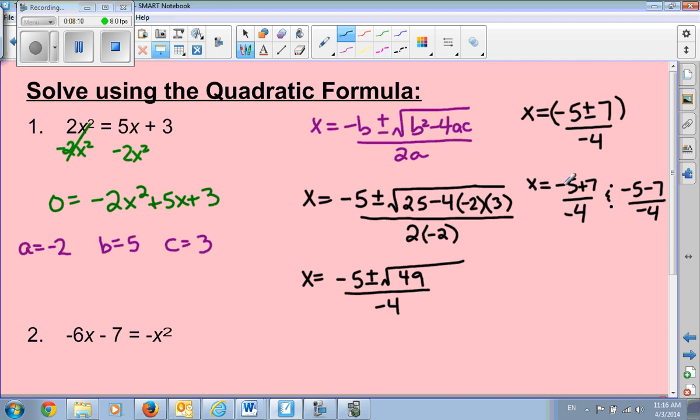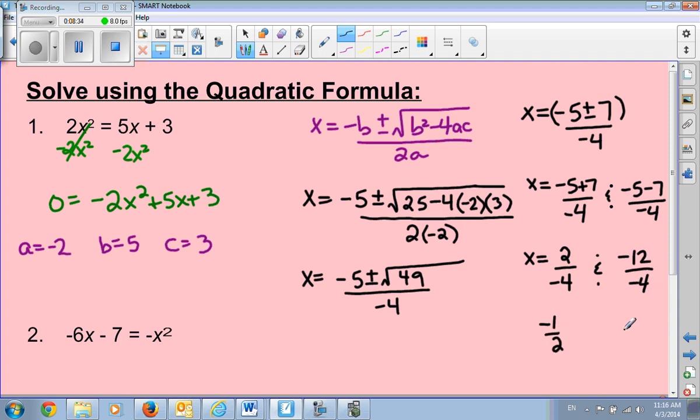So what is negative 5 plus 7? 2 divided by negative 4. And then what is negative 5 minus 7? Negative 12 over negative 4. So we have two answers. 2 divided by negative 4, which is what? Negative 1/2.